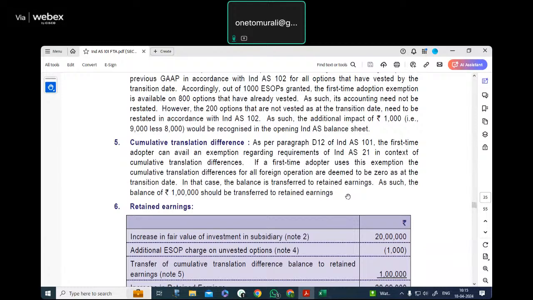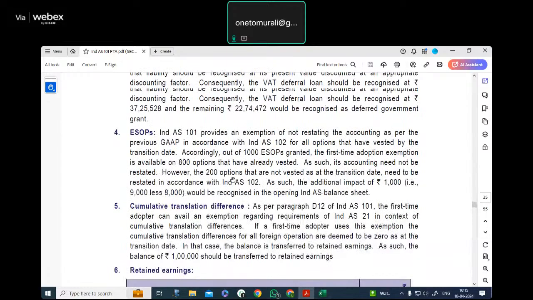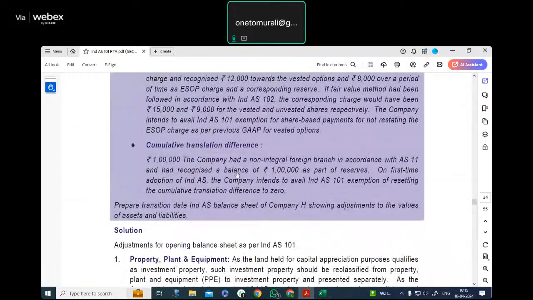So on the date of transition, the balance is transferred to retained earnings, as much as 100,000 can be transferred to retained earnings. So therefore, we are not going to take it up. See, there you have an option of carrying it forward and knocking it off for the remaining period, or you can knock it off in one shot itself.